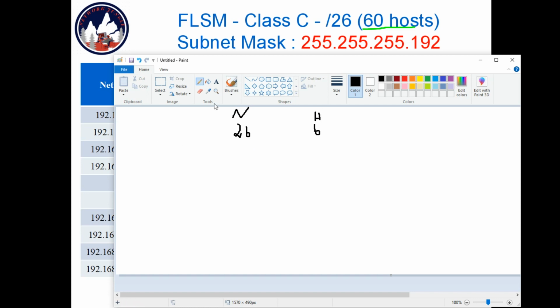You can write 1, 1, 1, 1, 1 — that is 8 ones, because IPv4 can be divided into 4 portions, and each portion contains 8 bits.